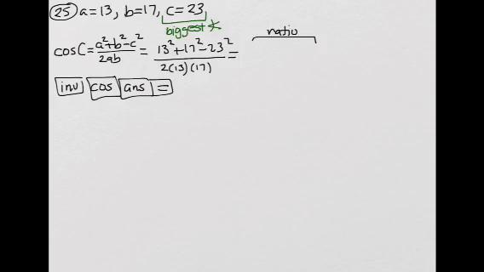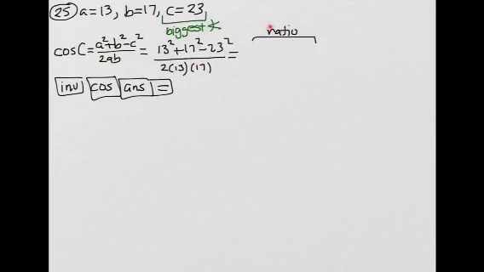So 25 is just like number 24, just different numbers. Again, in this case, angle C is the first one that we find because it's opposite the longest side, which is 23. So here's the setup. Here it is with the numbers. Again, remember, after you put in 23 squared up here, hit equal, then divide by parentheses here and parentheses here, to keep the denominator together.